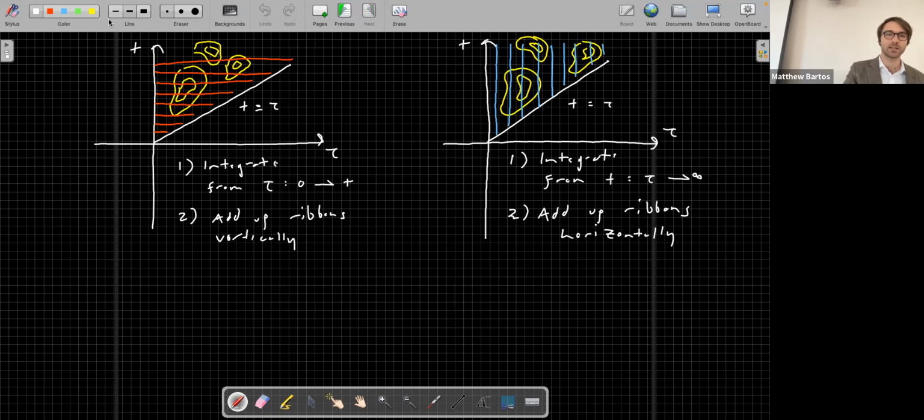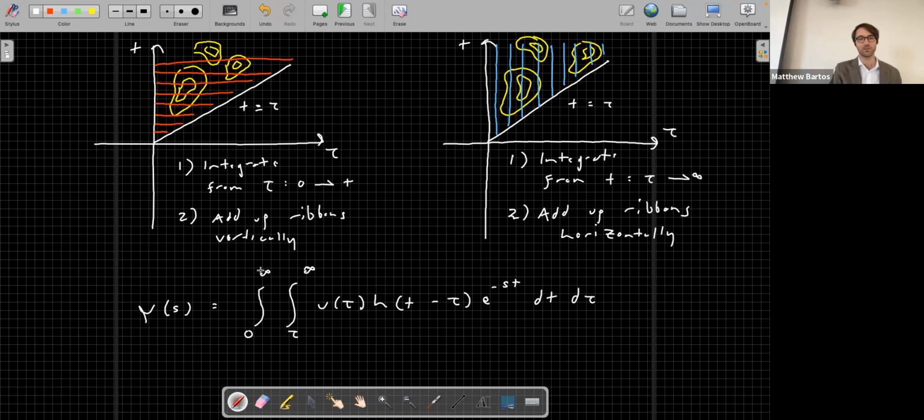Okay, so we have that y of s is equal to the double integral 0 to infinity, tau to infinity of u tau h t minus tau e to the negative st dt d tau. So we switched the order of integration. We had to change the limits of the integral accordingly.